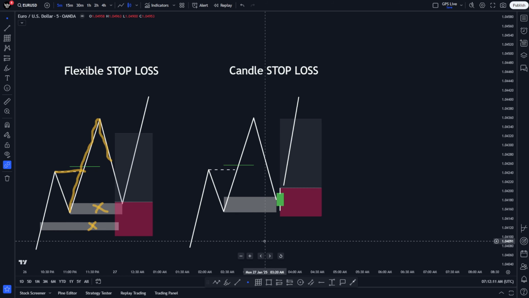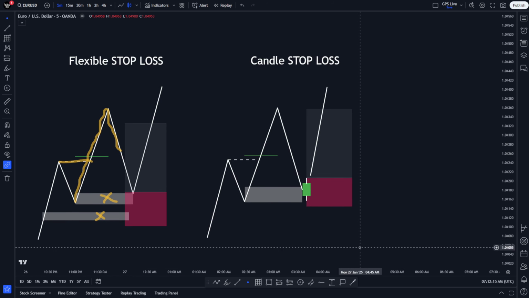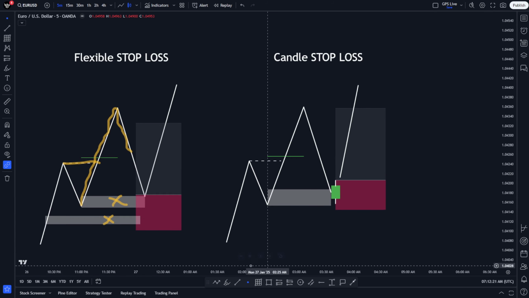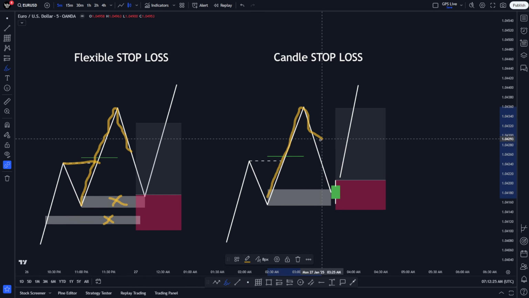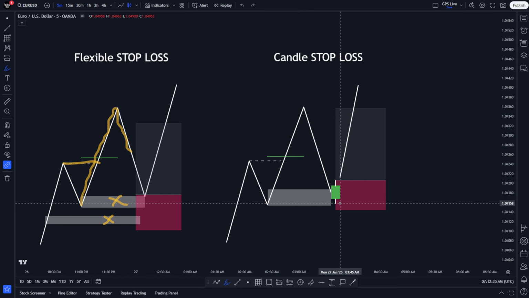This one is very similar to taking a stop entry instead of a limit entry. I have already made a video on this one, so if you want to understand more, check that one out. The price gives us a BOS, proceeds to go up and retrace. What you do here is wait till the price mitigates our order block. As you can see here, the price mitigates our order block, and then you wait till a candle close is given.